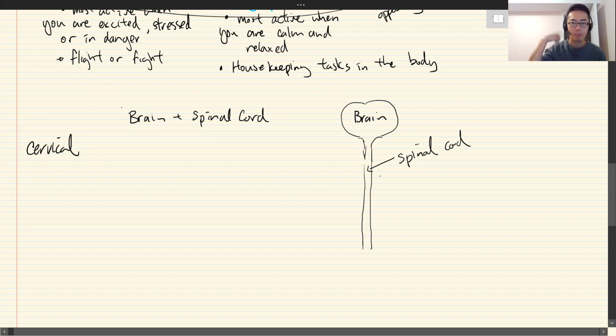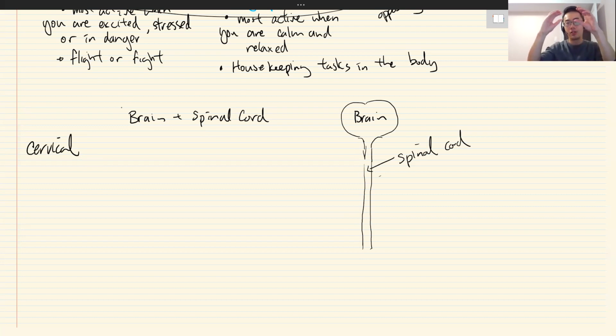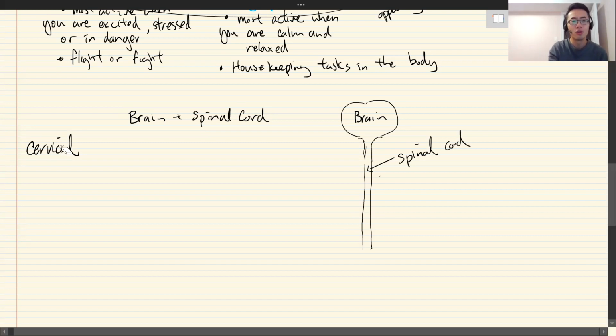Your backbone is like a stack of chairs, and each of them has a name. The ones in the neck we call C1 to C7, and the nerves that come out of it we call cervical nerves. Don't worry too much about it at this moment. Just know that they have names.